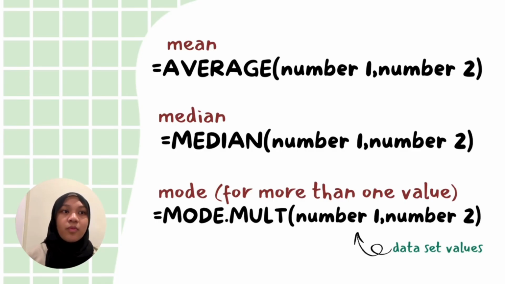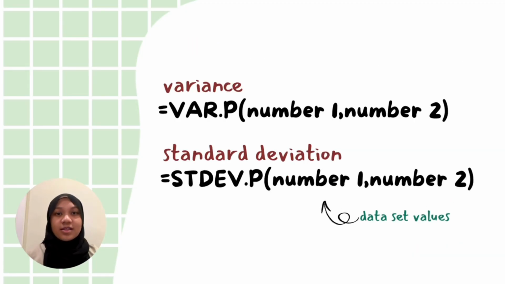And for the mode, for more than one mode value, use =MODE.MULT and again insert the dataset values from the raw data table. After that, to find the variance, use the function =VAR.P, and for standard deviation, use =STDEV.P, and insert the dataset values from the raw data table.